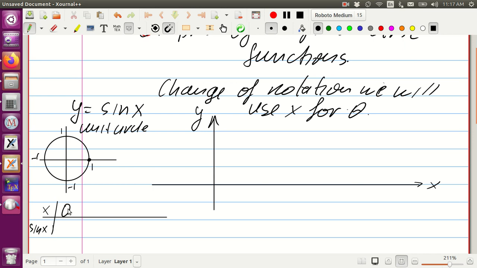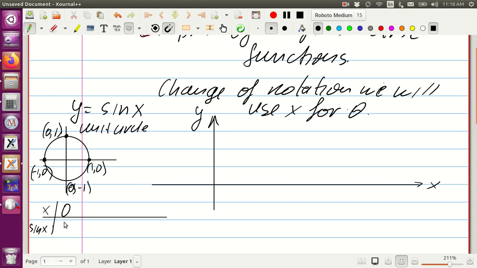So if we start at 0, this point is (1, 0). This point over here is (0, 1). This point over here is (-1, 0), and this one is (0, -1).